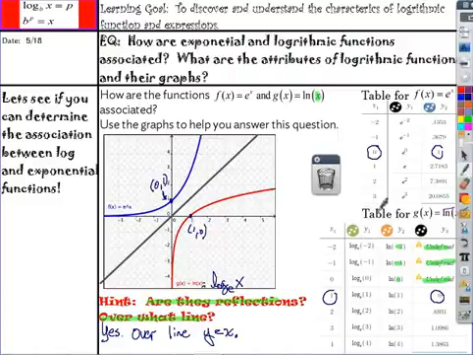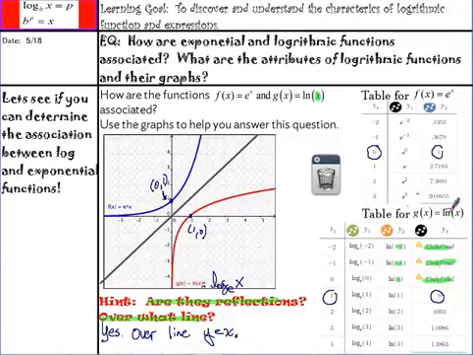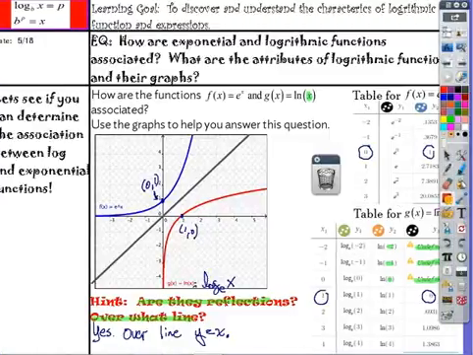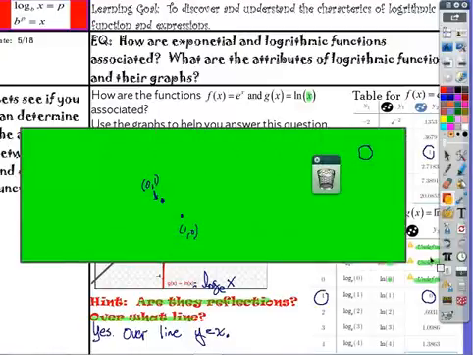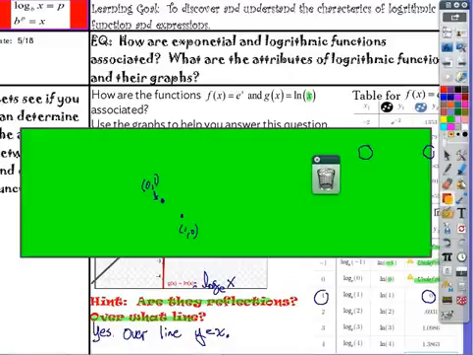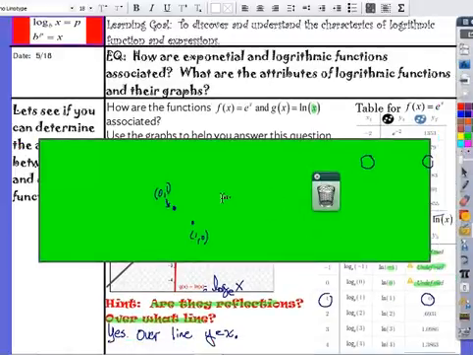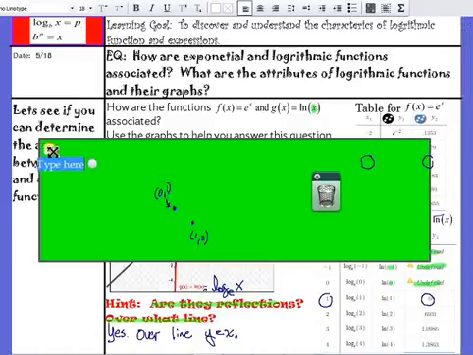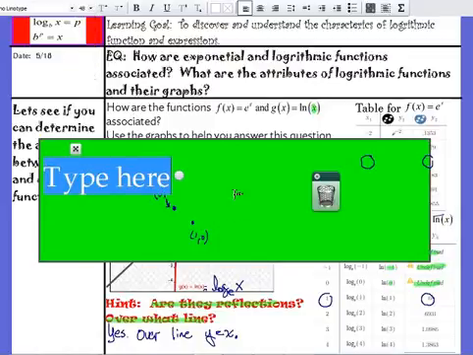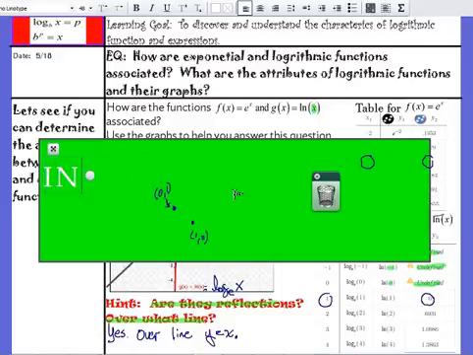And in fact, what that means is that they are, what are they? Let's write it in big letters. The graphs of logarithmic functions, logarithmics and exponentials, people, those functions are inverses.